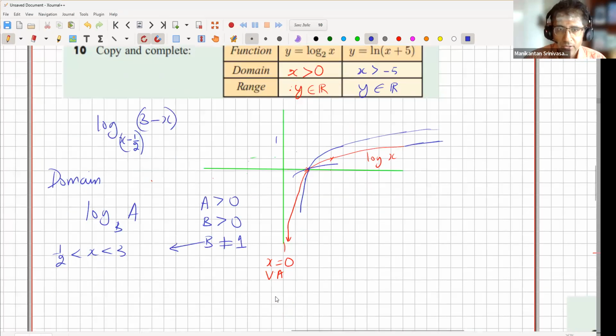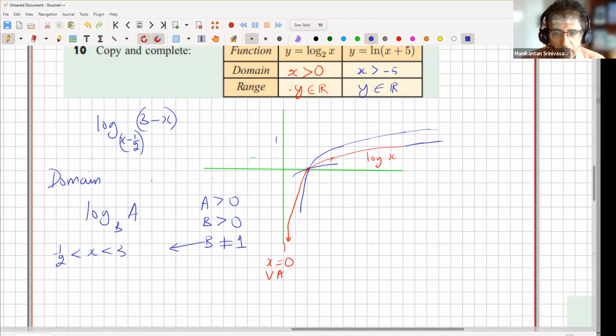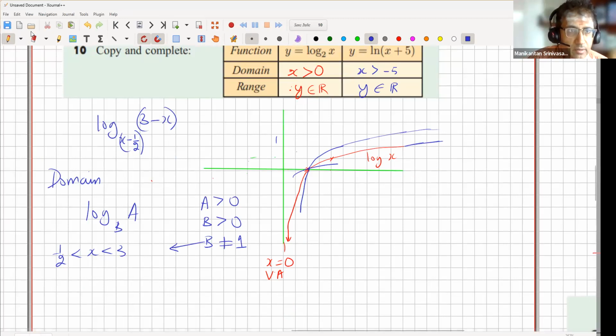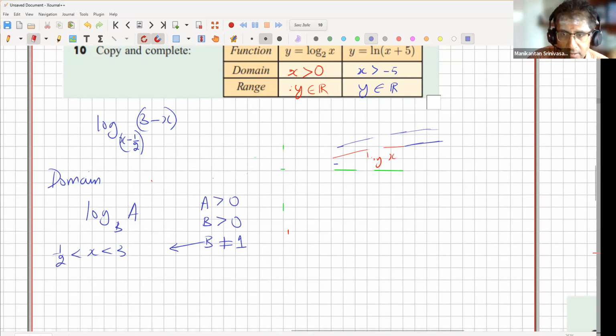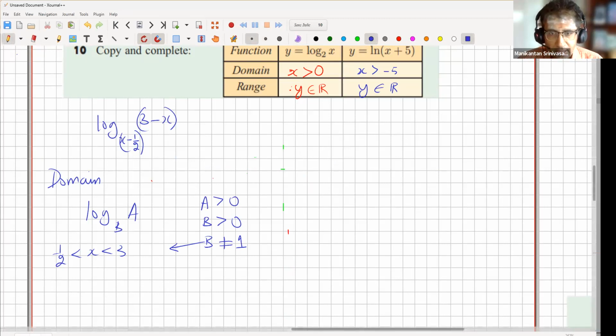Yeah. So just to go step by step, right? So that for people who are watching the recording, they'll understand this as well. So log a to the base b, these are the 3 constraints we should be wary about. So in this case, I require 3 minus x should be greater than 0, which means x better be less than 3.